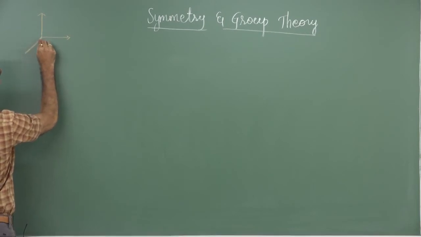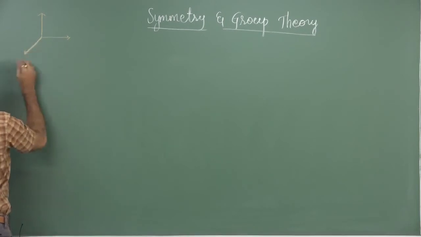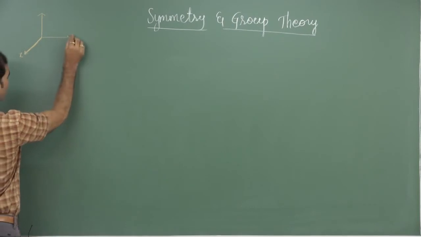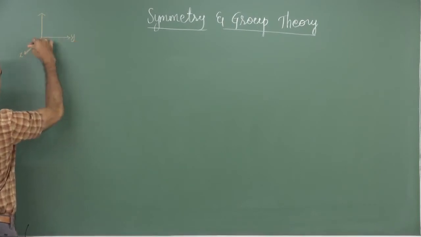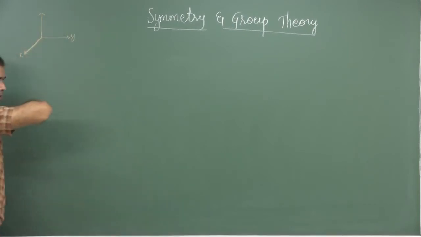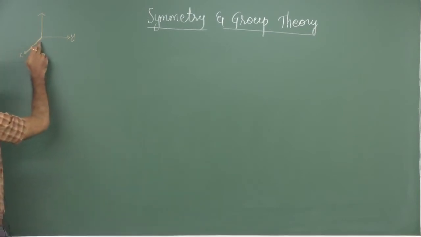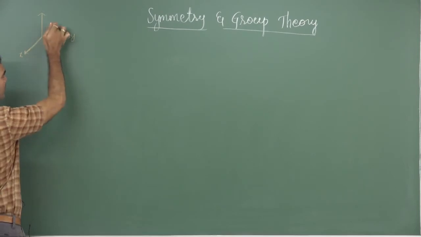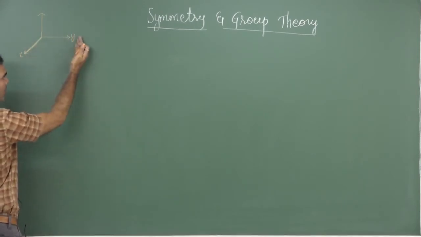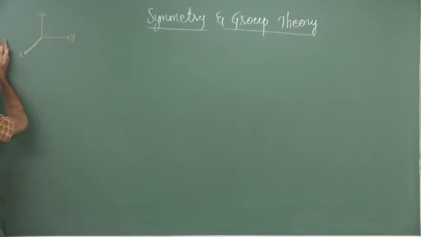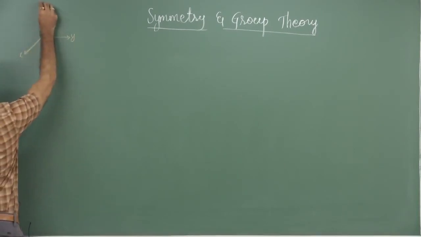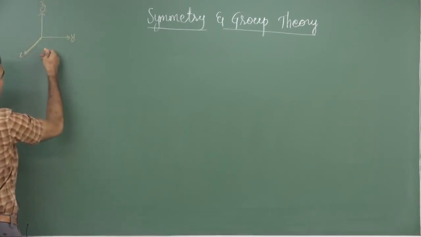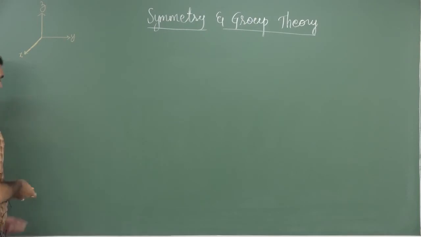This is pointing towards you, and whichever is pointing towards you is taken as x, the opposite will be minus x. Every time we need not draw the complete coordinates, the opposite ones. If this is considered to be x towards you, minus x will be away from you, y towards your right, minus y towards your left, and z above, and below will be minus z.